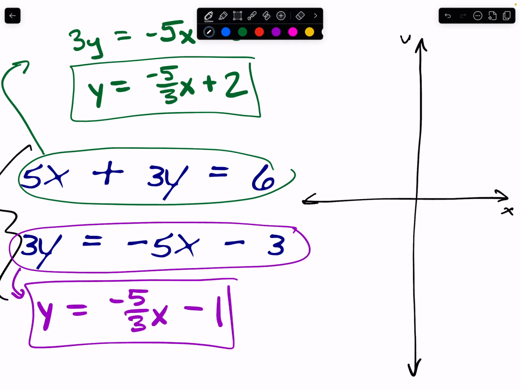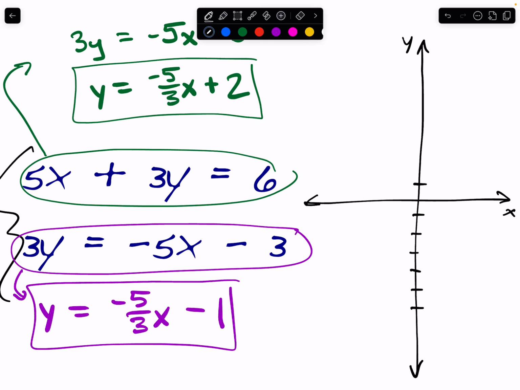Here's our x-axis, our y-axis. Now, as I'm making these tick marks, you should notice that the y-intercepts, they're not very big.